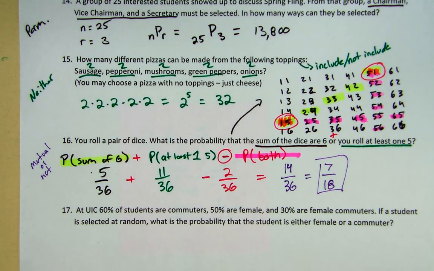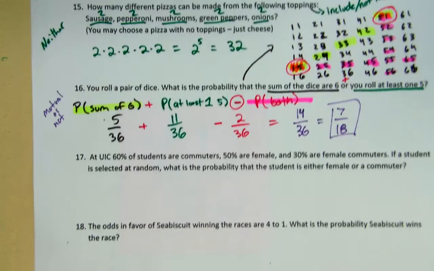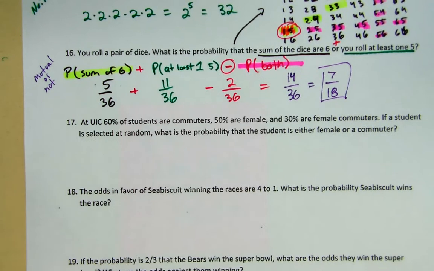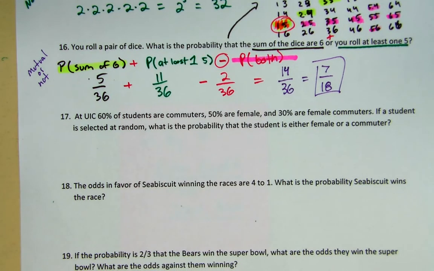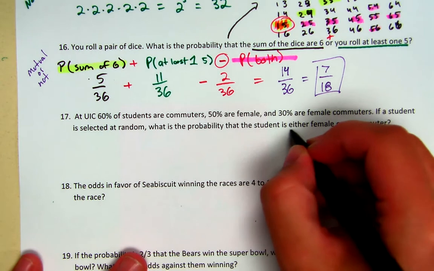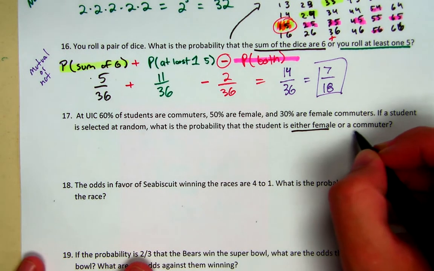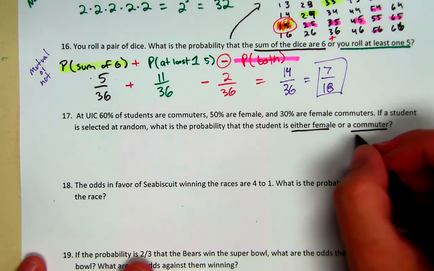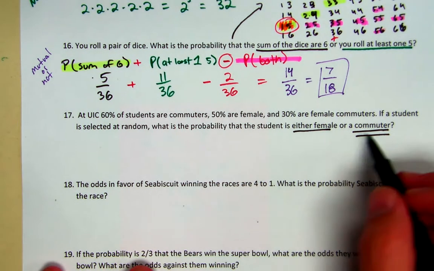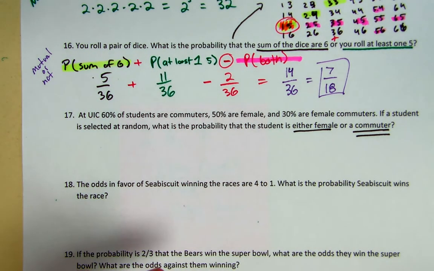All right, 3 more probability questions here. 17. UIC is 60% commuters, 50% are female, 30% are female commuters, and we're randomly selecting. What's the probability that they're female or a commuter? So again, probability of female or a commuter. We need to take these two probabilities, add them together, and subtract out the overlap.